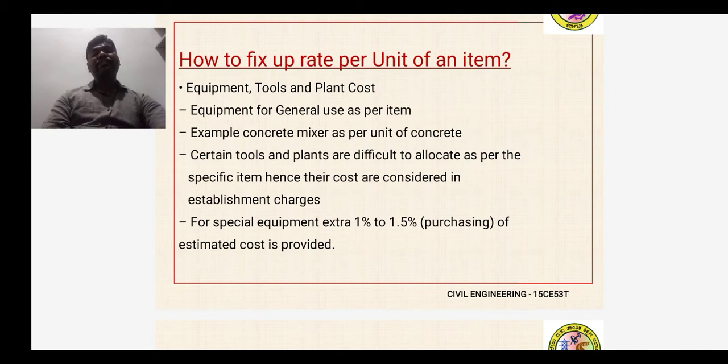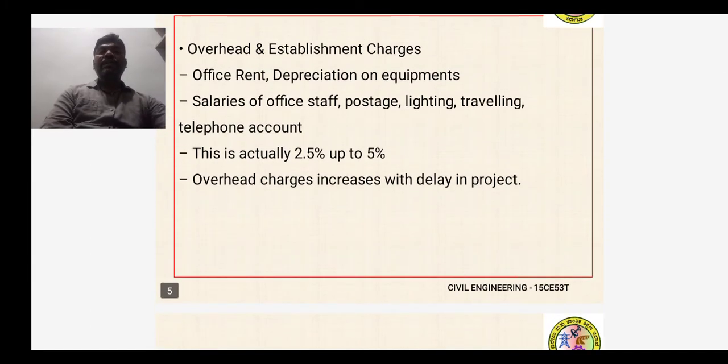For special equipment, we add an extra 1% to 1.5% of estimated cost. Overhead or establishment charges: this is actually 2.5% to 5% added extra for establishment charges.